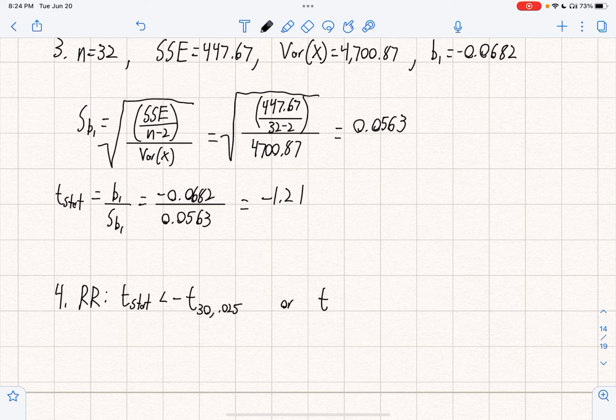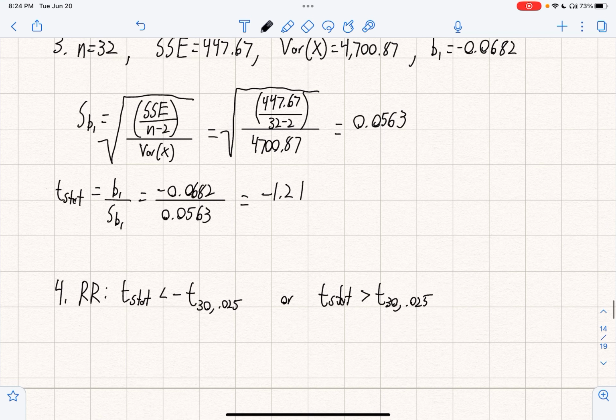Or we have T-stat bigger than positive T, 30 degrees of freedom, alpha 0.025. If you look that up in our tables, or what we'll do is just get these values from Excel, so if T-stat is less than negative 2.042, or if T-stat is bigger than positive 2.042.